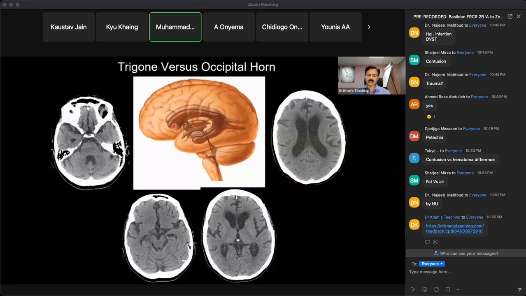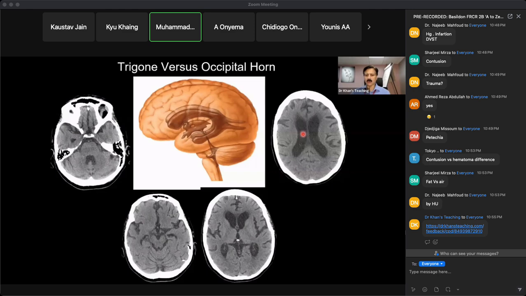The lateral ventricle has the frontal horn, body, and the trigone. This is the temporal horn, and this is the occipital horn. Please remember that the trigone is quite a substantial structure in a craniocaudal dimension. So if the slice is going like this, this is the level of the body. So posterior to the body is going to be the trigone.